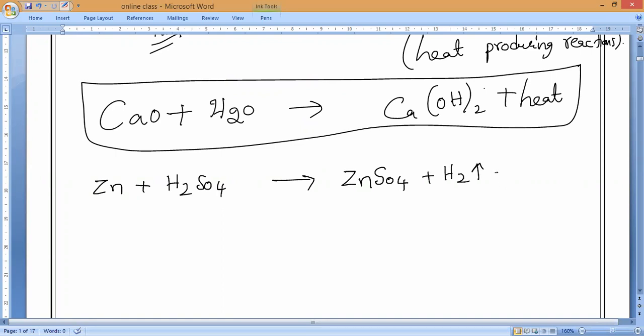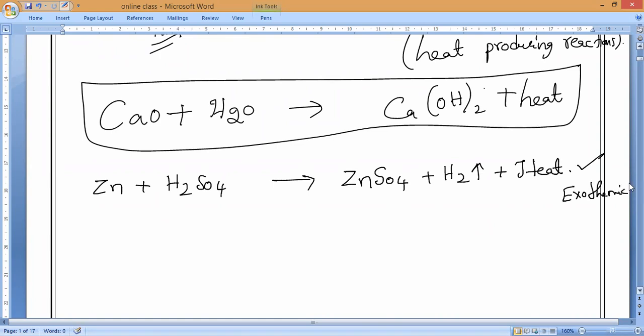And as I told you, along with that, it will release heat. So that we can say it is also characterized by change in temperature, which is a rise in temperature. So it is an example of exothermic or endothermic? We can say it is exothermic.